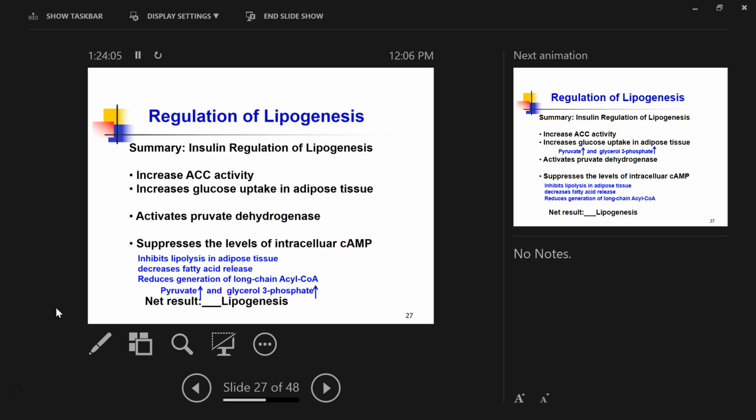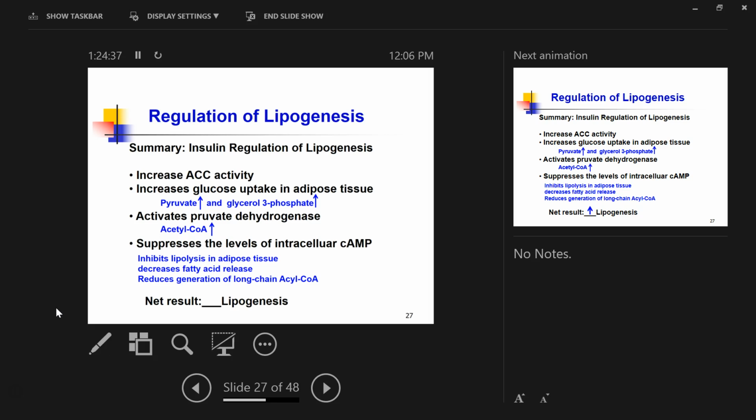And secondly, because insulin can also increase glucose uptake, right, that will increase the production of pyruvate, and also increase the glycerol-3 phosphate. And insulin also increases pyruvate dehydrogenase.